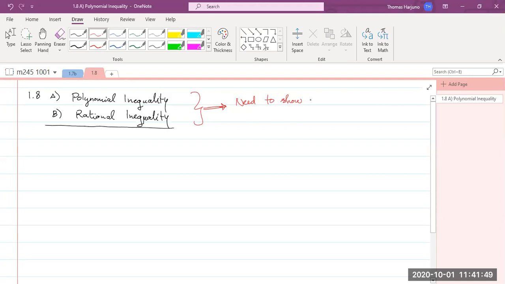You need to show what I call the three-step procedure. Now, what are these three steps? The first one is finding critical numbers.